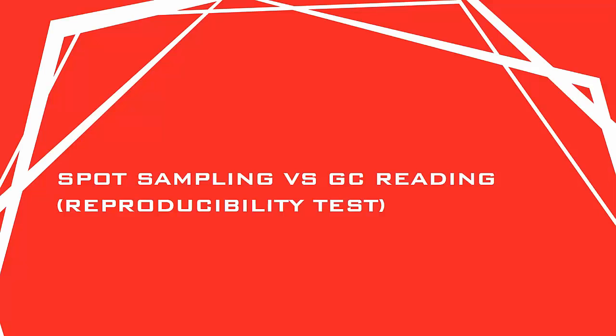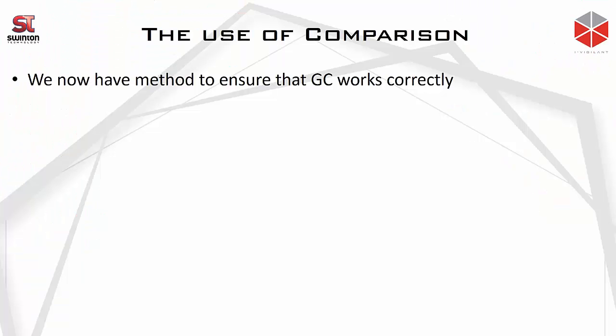Now, the second place where we do data comparison is spot sampling versus the GC reading. It's basically a reproducibility test comparing the same gas with two different methods. What we have now is a method to ensure that the GC works correctly.